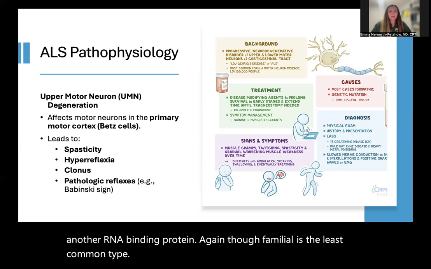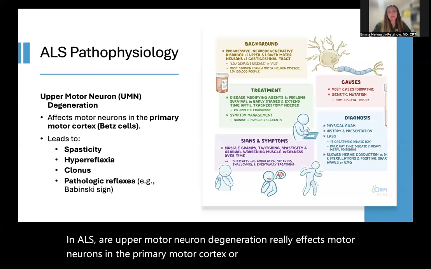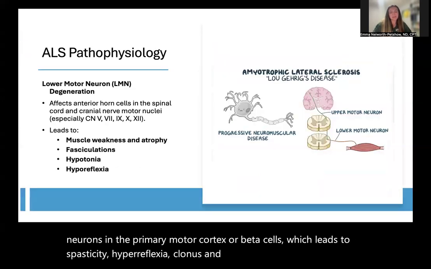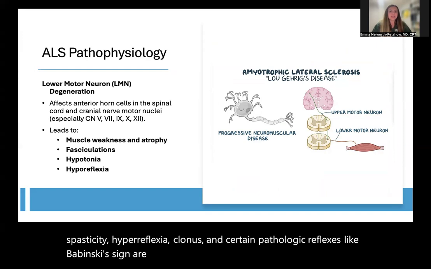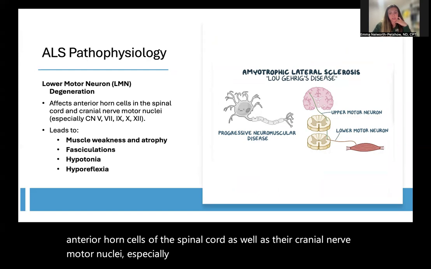In ALS, our upper motor neuron degeneration really affects motor neurons in the primary motor cortex, or Betz cells, which leads to spasticity, hyperreflexia, clonus, and certain pathologic reflexes like Babinski's sign. Our lower motor neuron degeneration affects the anterior horn cells of the spinal cord, as well as our cranial nerve motor nuclei, especially 5, 7, 9, 10, and 12.